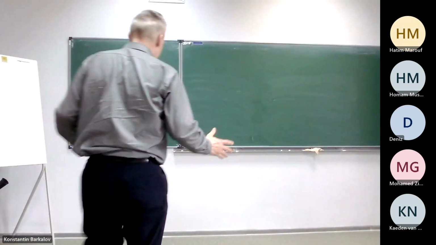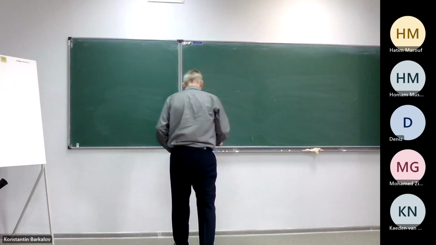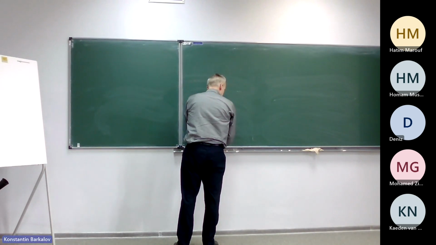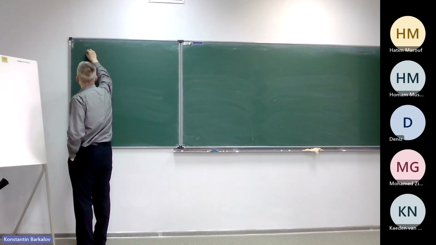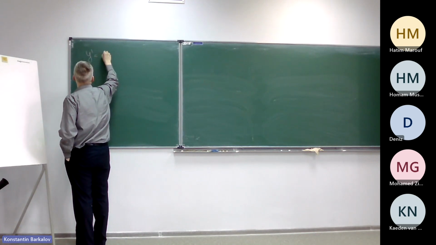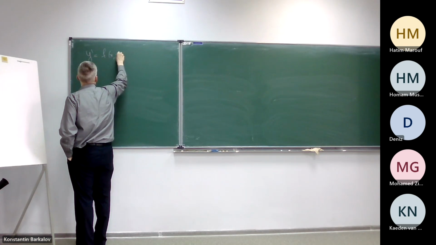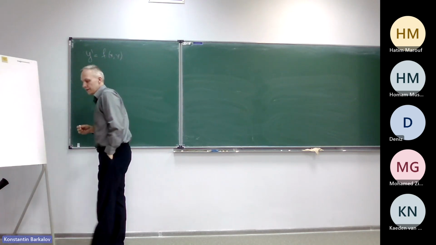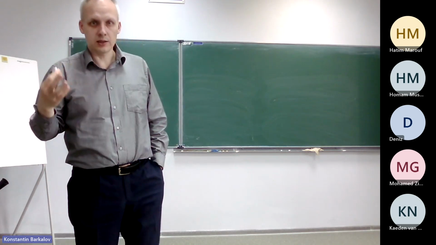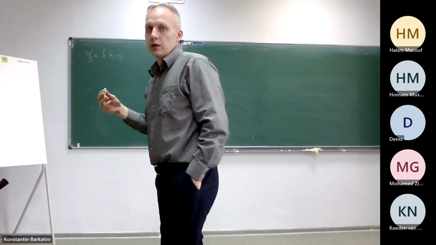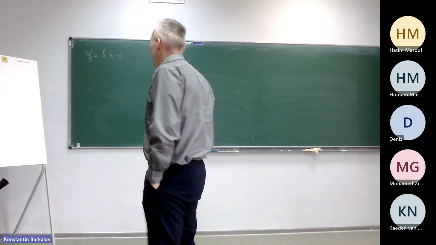Let me write the differential equation first. Problem statement: y prime equals f of x y. This is the differential equation. Next, let me write the formula for Euler's method.